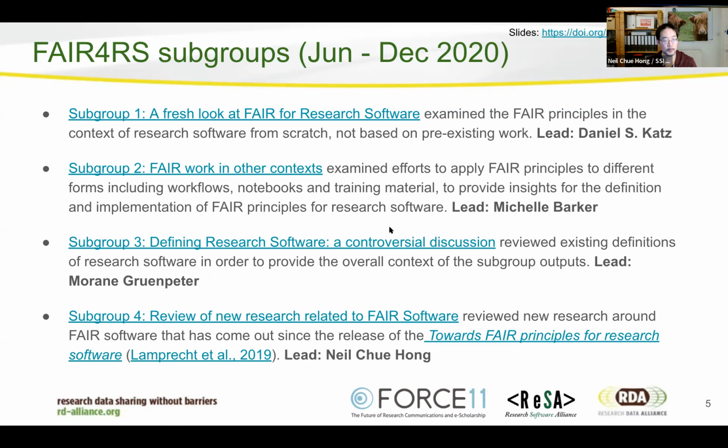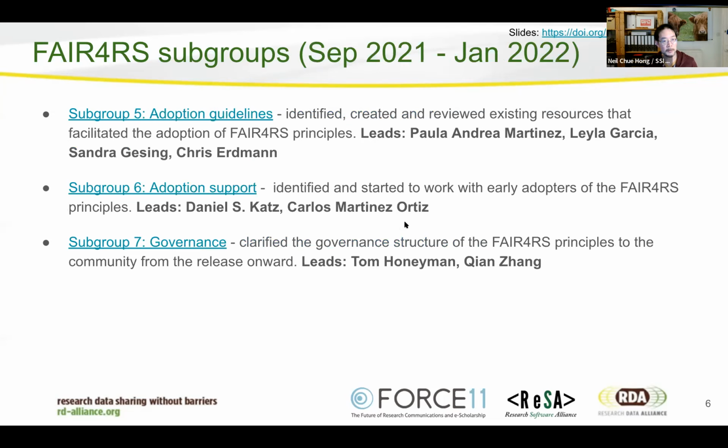Following those subgroups' work, we went through a number of different community exercises and the first draft of the FAIR principles. And subsequent to that, we set up another set of 3 subgroups, which ran from September 2021 to January 2022, looking at adoption guidelines.